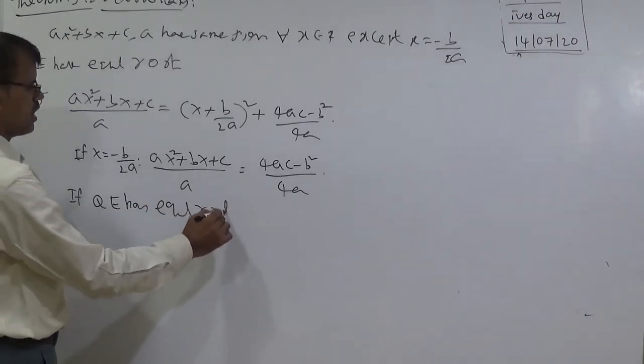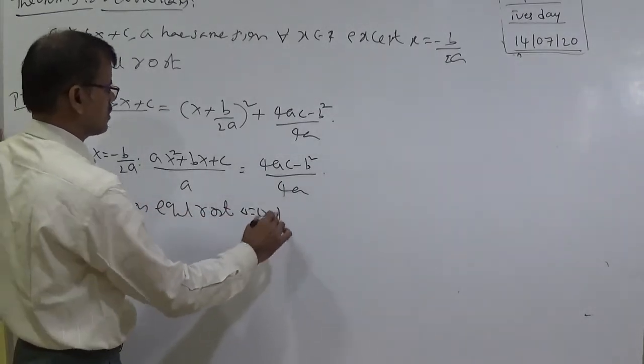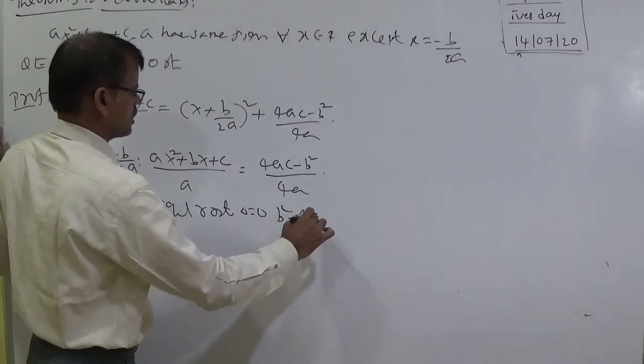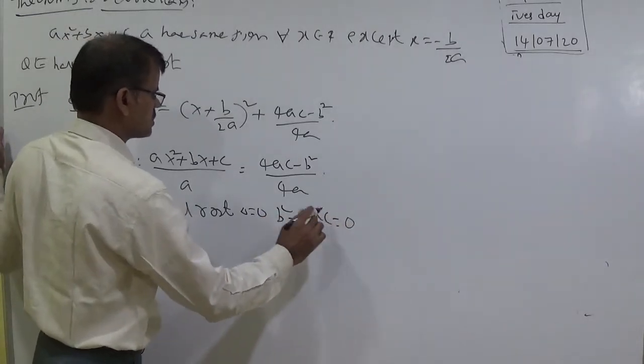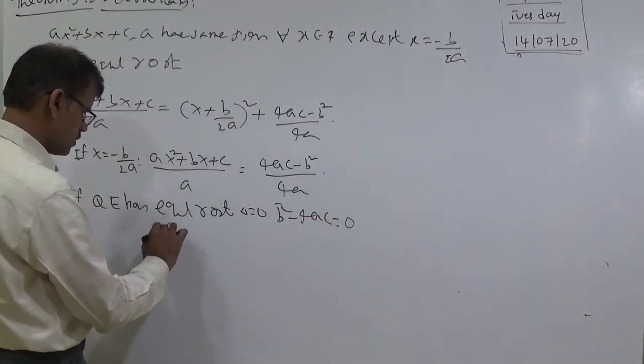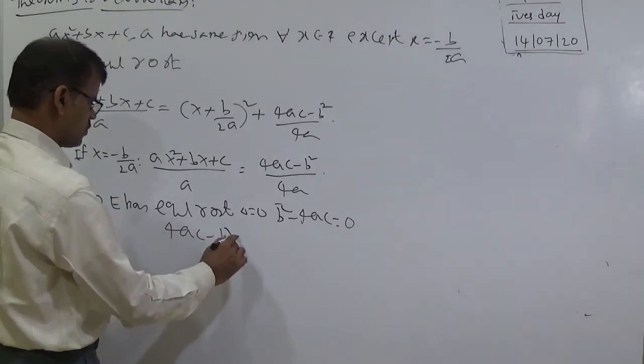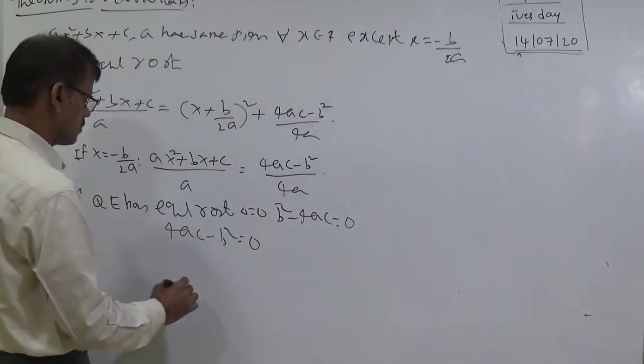if the QE has equal roots, that means delta equal to 0, that is b square minus 4ac equal to 0, which implies 4ac minus b square equal to 0.